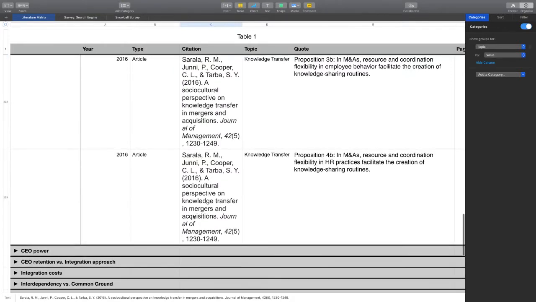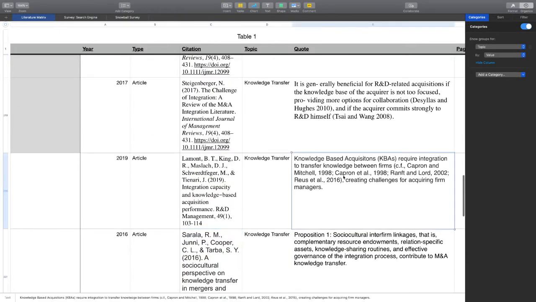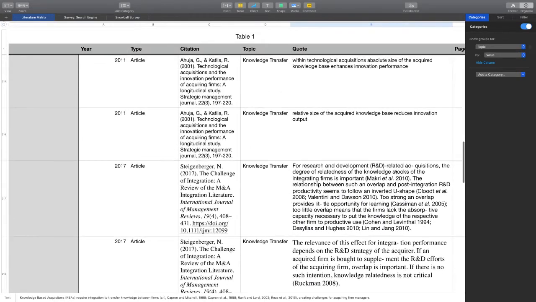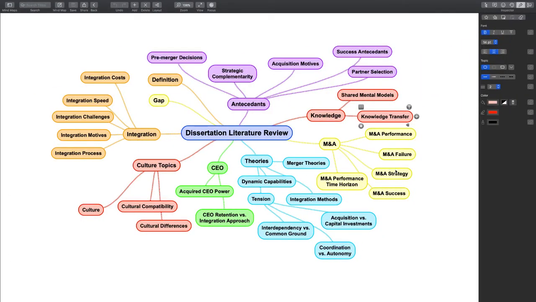All this material here I found, and I've got the pieces right here. I've got knowledge-based acquisitions requiring, and so on. I put that in there. Actually, I write a narrative around that idea. And I put in 2, 3, 4 paragraphs. This is the magic. This is how you get to where you need to be for your literature review.